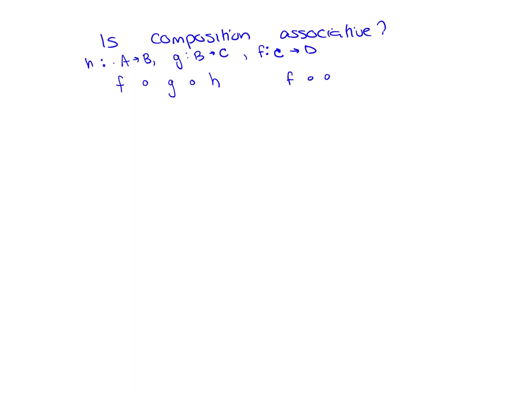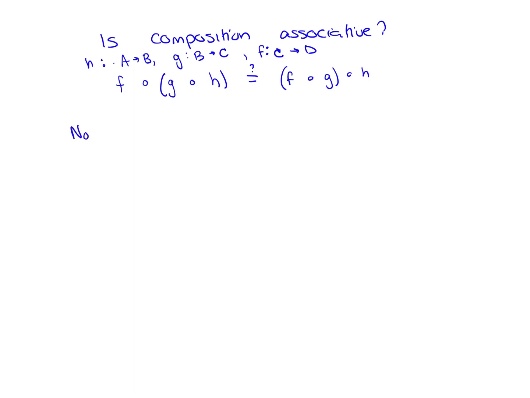If I have 3 things like that, there's 2 ways I can think about ordering them. I can think about doing F compose with the function G compose H, or I can think about doing F compose G composed with H. And when I'm asking if it's associative, I'm asking if those 2 are equal to each other.